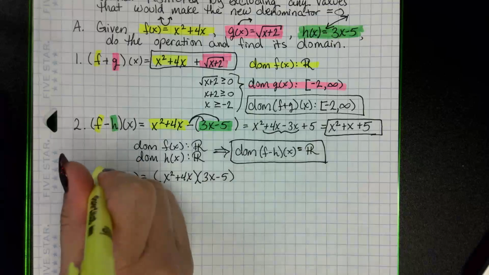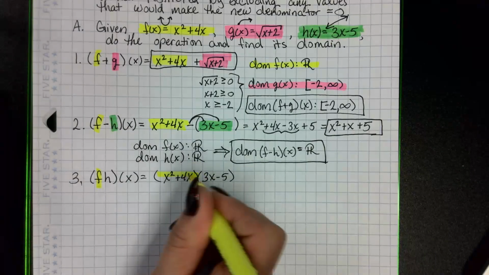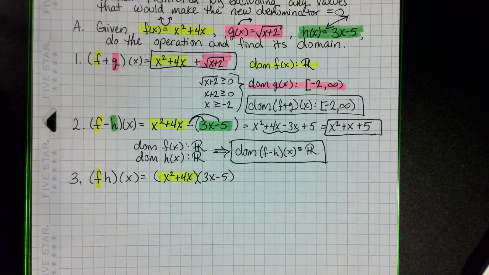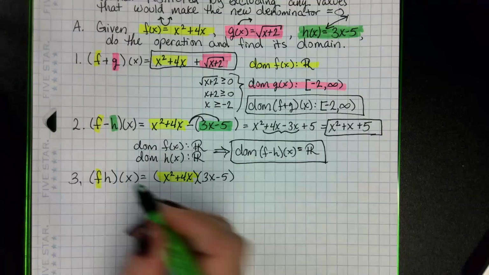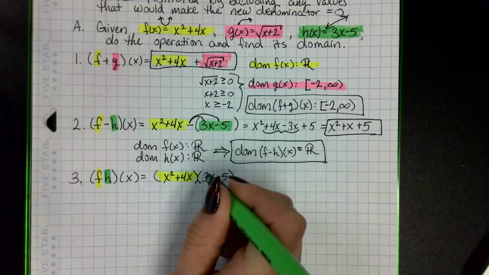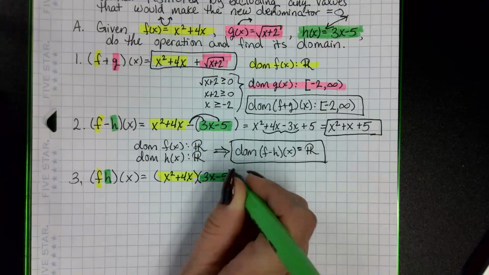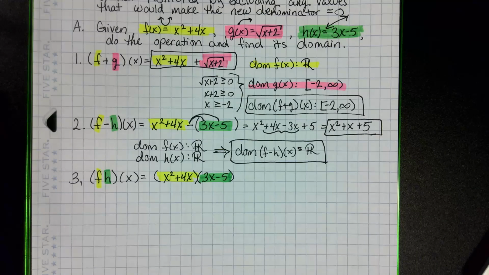So this was f times h. So we're going to multiply them together. So we need to simplify, so that means we have to multiply them.